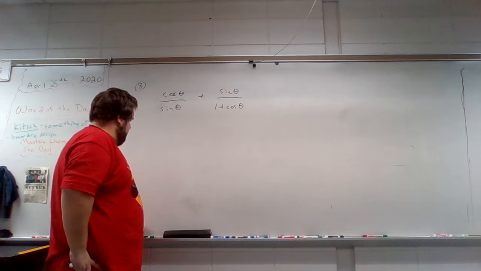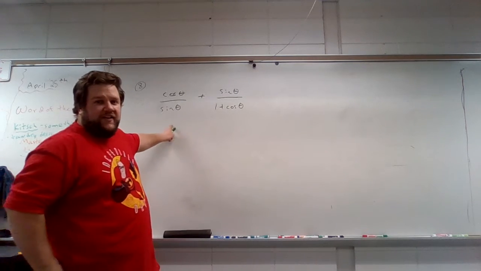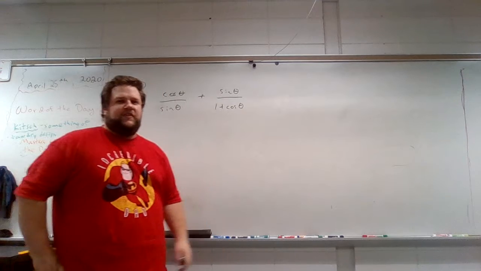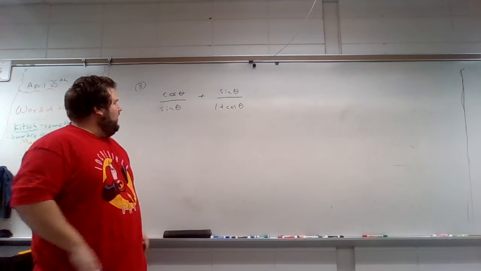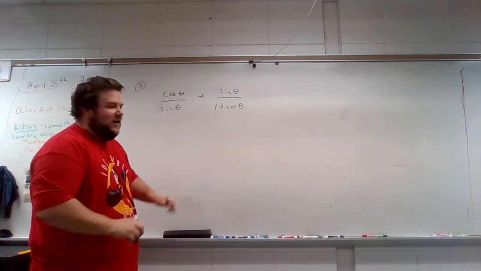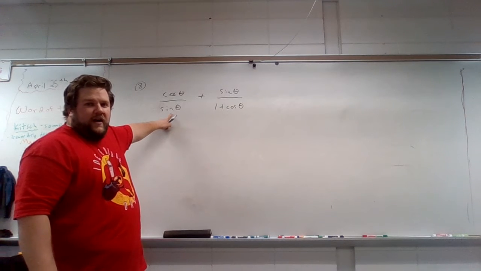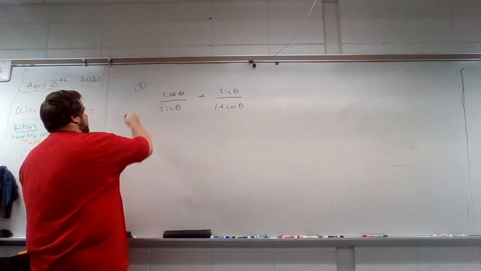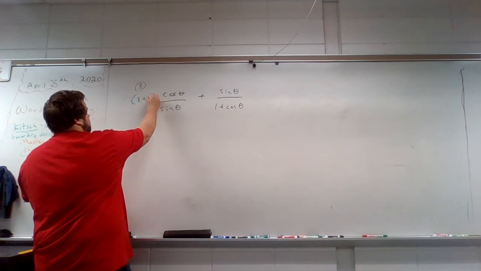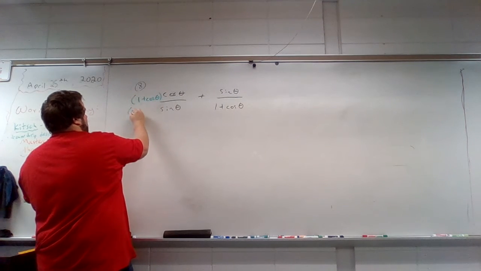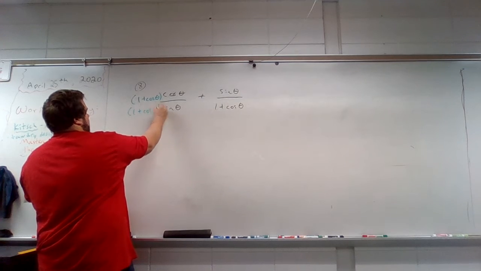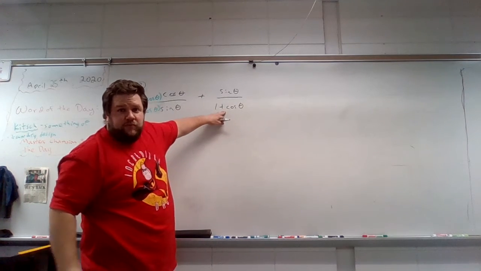So here, to get a common denominator, on this one I've got sine, on this one I've got 1 plus cosine, and I would just get a common denominator. To do that, and not everybody did this the right way, I would need to multiply this guy by 1 plus cosine here, and I would need to multiply this one by sine.